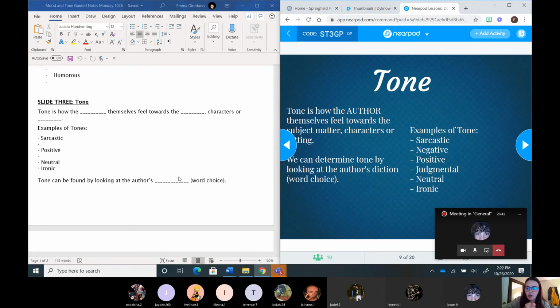So if the author is writing with lots of words like evil, dark, scary, death, chances are the mood is going to be a dark mood. Their tone might be negative or scary or threatening. So looking at the words they choose will help us to think about what is the tone and what is the mood.